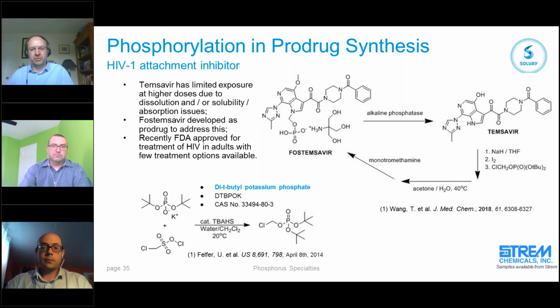To make the prodrug version, the temsavir is reacted with chloromethyl di-tert-butyl phosphate. The product we sell is the di-tert-butyl potassium phosphate because the chloromethyl version is unstable and therefore cannot be supplied in a stable form, so it must be generated in situ from the potassium salt. Next slide.